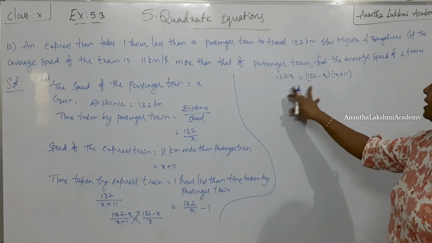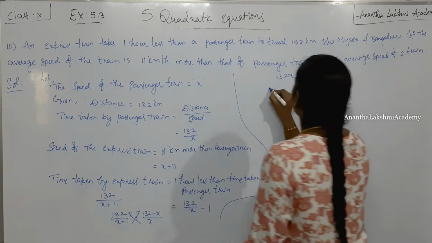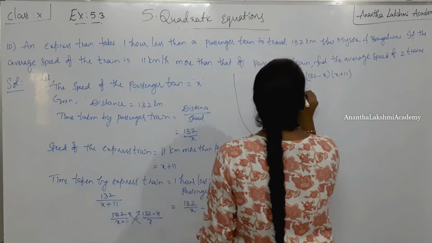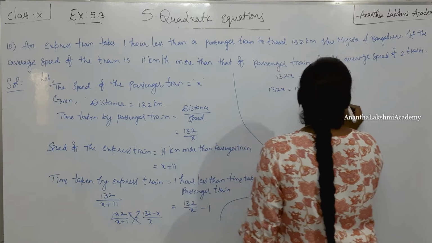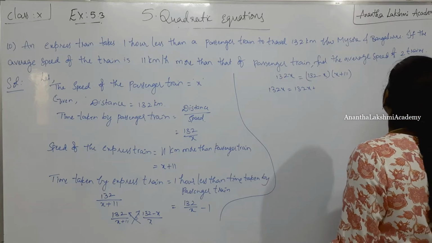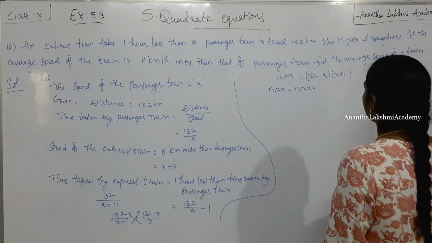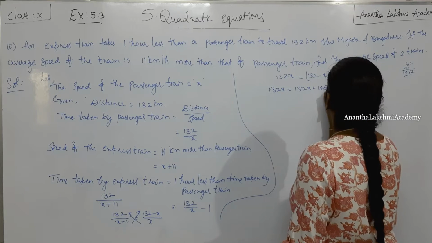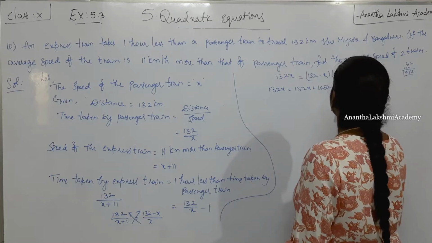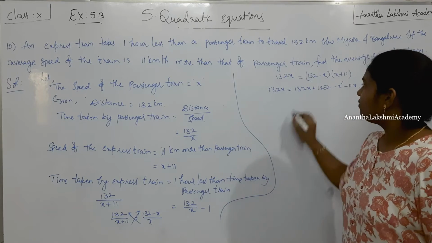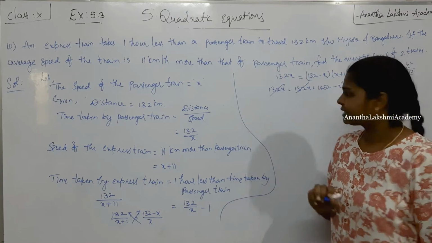Alright, so let's multiply these two. 132x is equal to 132x plus 132 into 11, which is 1452, minus x square minus 11x. 132x and 132x get cancelled.